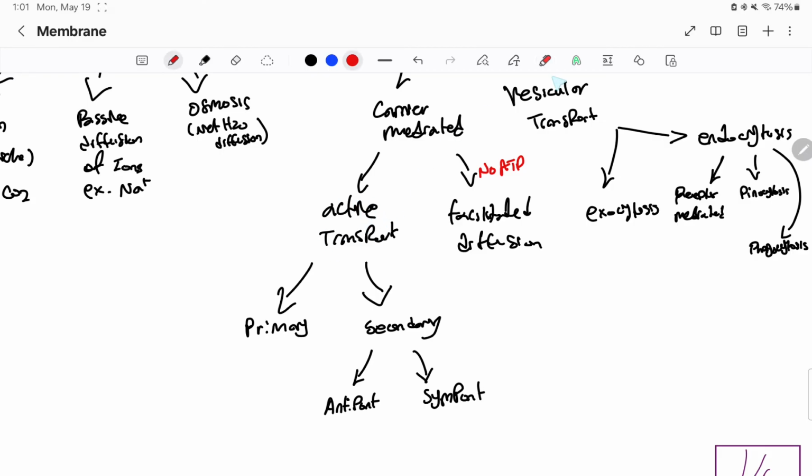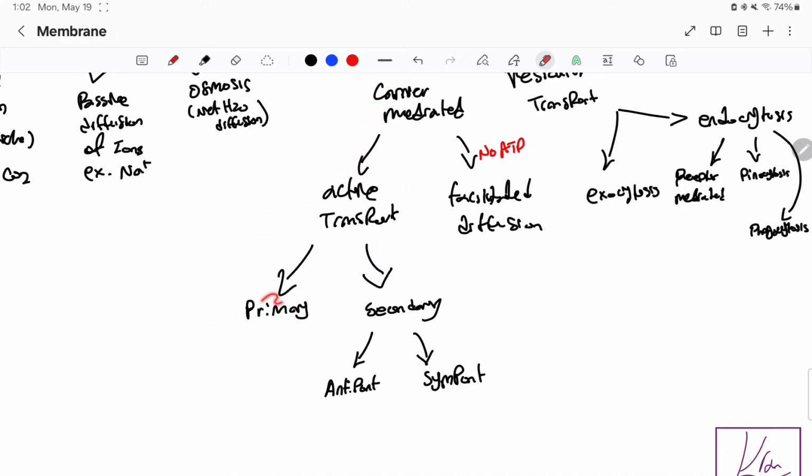Active transport that requires carrier-mediated transport has two portions, primary and secondary. Primary uses ATP directly, whereas secondary uses ATP indirectly. So it still needs energy, that's why it's called active, but it's an indirect use of ATP.